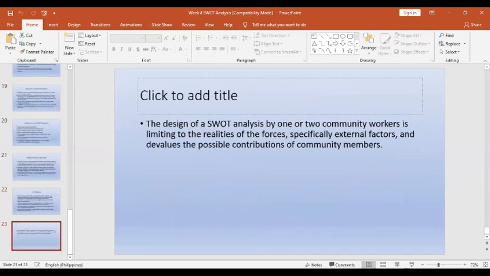And also one of the limitations is that the design of the SWOT analysis by one or two community workers is limiting to the realities of the forces. Of course, because there are times that SWOT analysis is just a perception without seeing the actual situation. That's why it's a limitation.